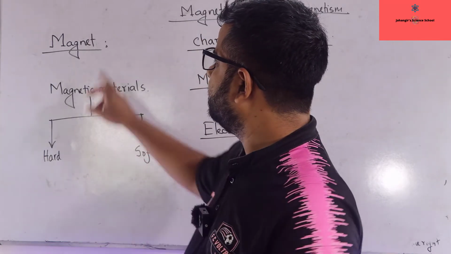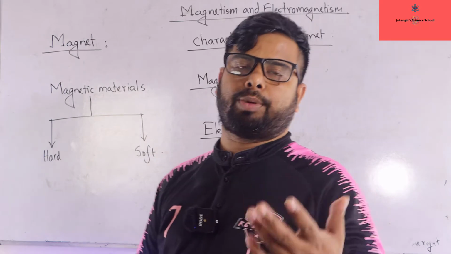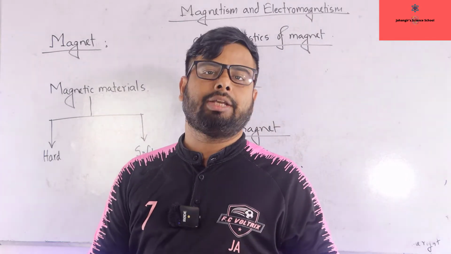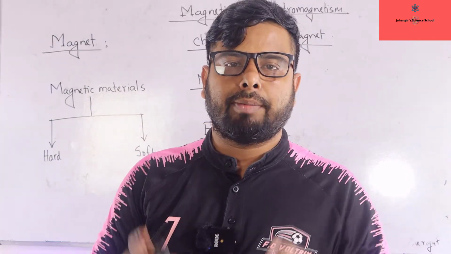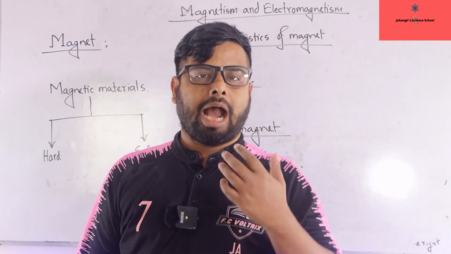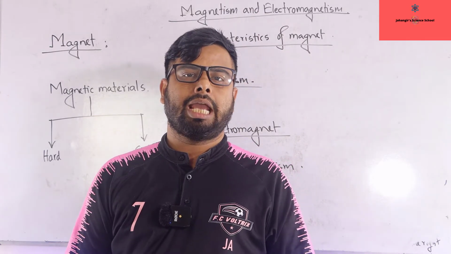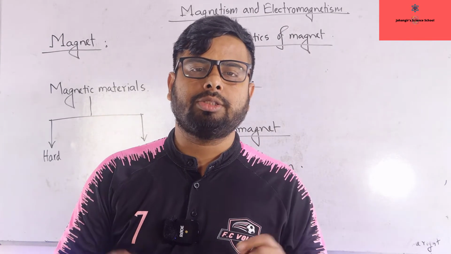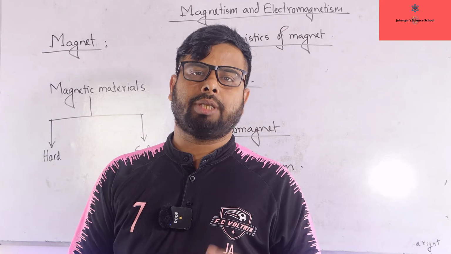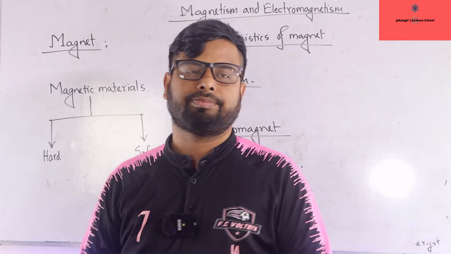Number one, attractional properties, and another is directional properties. That's why the definition of magnet is the material which can attract iron or iron-like other magnetic materials and it aligns north-south direction. If we suspended it freely, then that type of material is known as magnet.